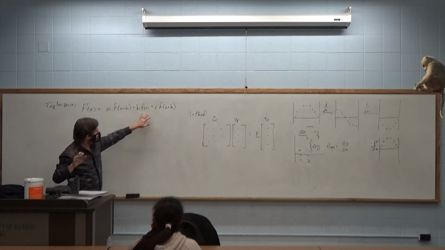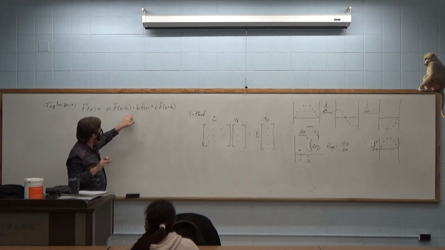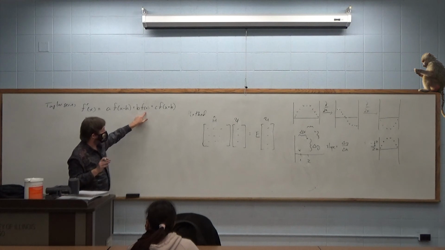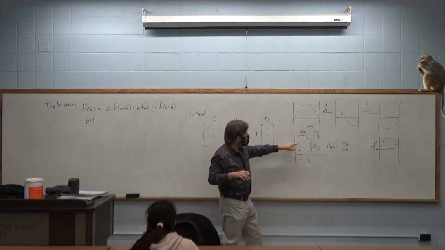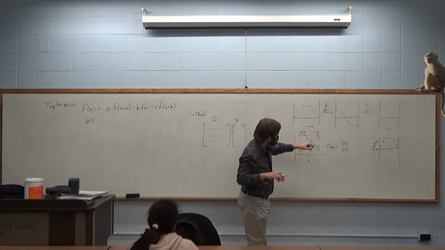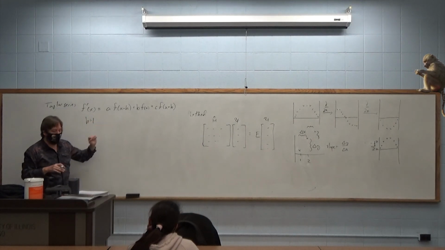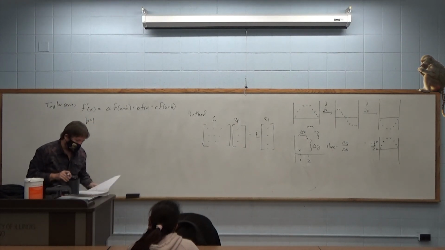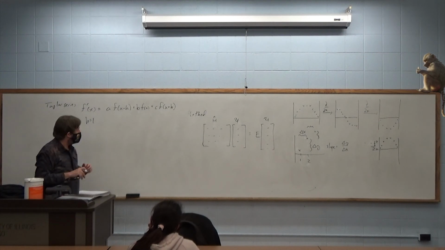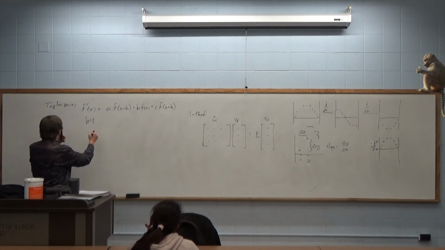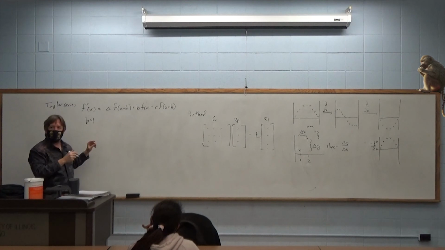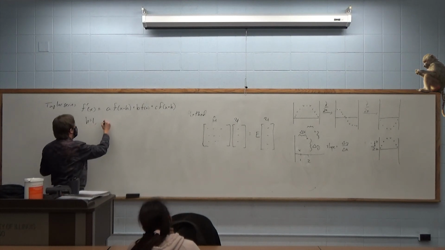If you know what A, B, and C are, you can actually use this formula to calculate the slope at the middle point, incorporating information from what's in front and what's behind. And you can also do this with the double derivative. And anyway, so H can be 1 for the data point or grid spacing.